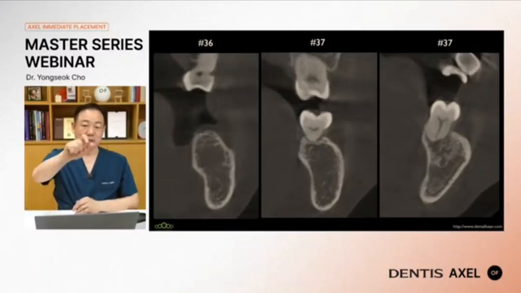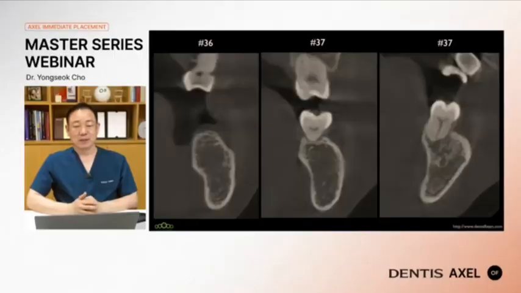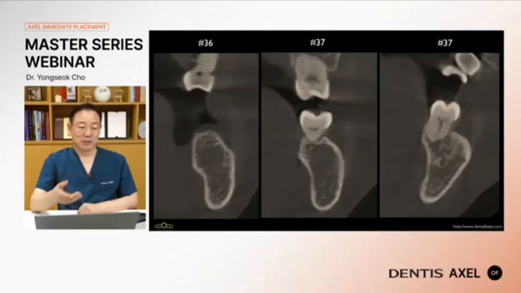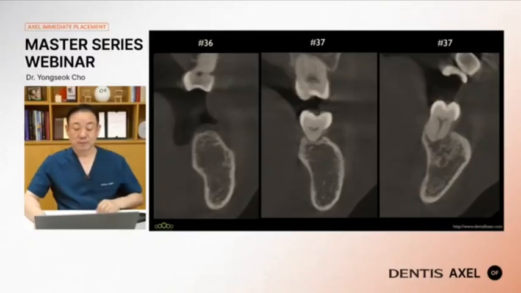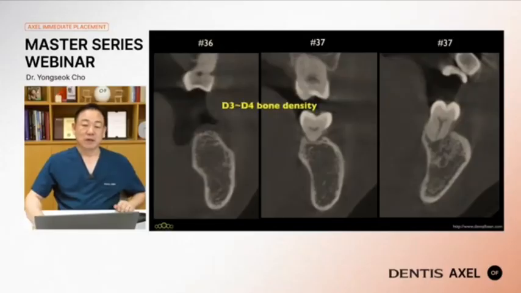Although cortical bone is dense, we place implant beneath the cortical bone, so it is difficult to get primary stability when we prep osteotomy inadequately, and sometimes even implant will dislocate into the mandibular canal, mandibular body itself. Not canal. Anyway, this is very poor bone quality.